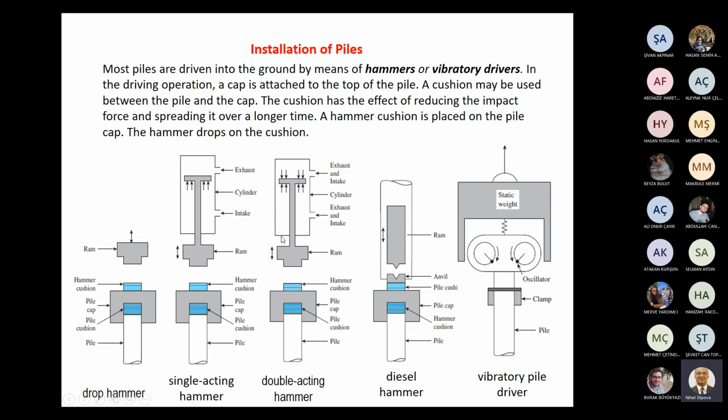So in this case, the hammer energy includes free fall plus energy due to gas pressure. And the other variety is diesel hammers, similar to steam engines, but the energy comes from explosion of diesel.